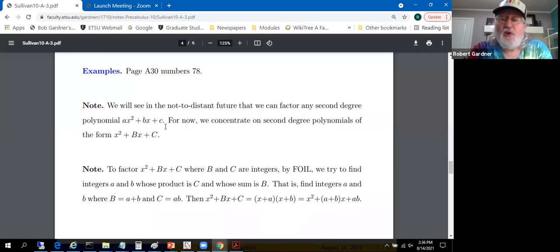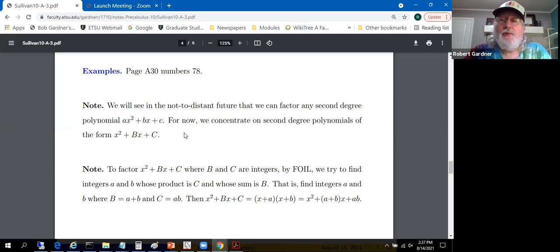Now this is going to be verbally clumsy for me because we're about to consider two different constants: lowercase a, lowercase b, lowercase c, and a second kind, capital B and capital C. The capital letters will be composed of the lowercase letters. It's easier to read than it is to say.